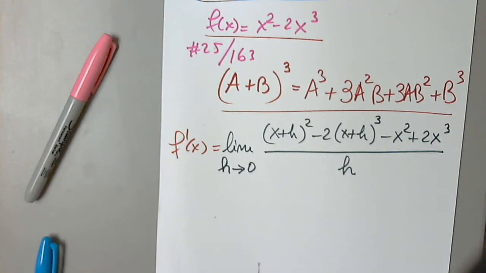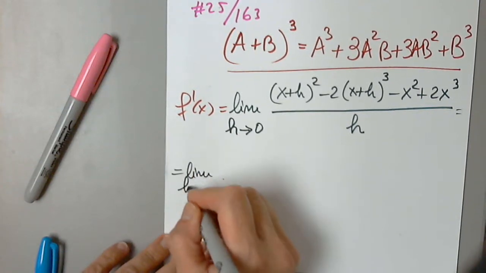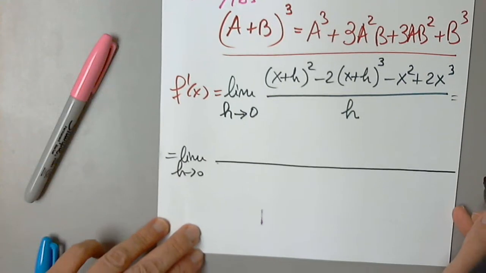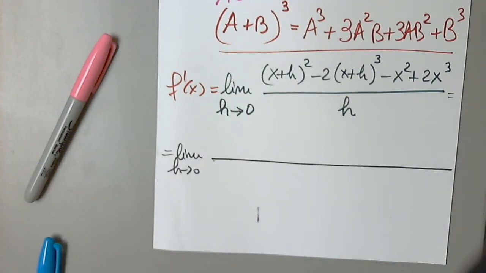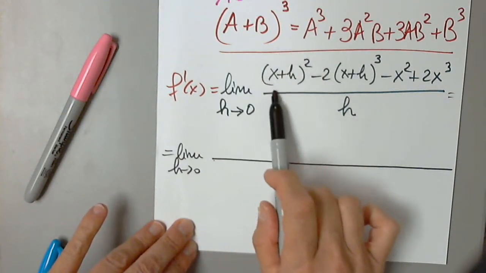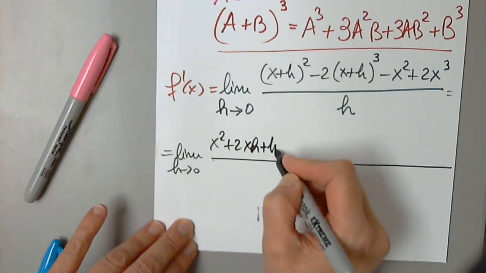So, can anyone dictate the next step? Be prepared that I will run out of room. I always do. So please give me this. x squared plus 2x plus h squared. Thank you very much.